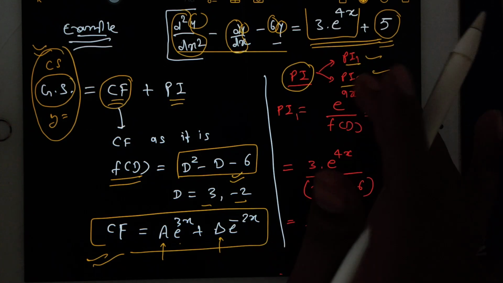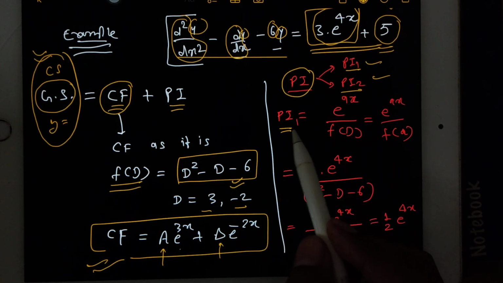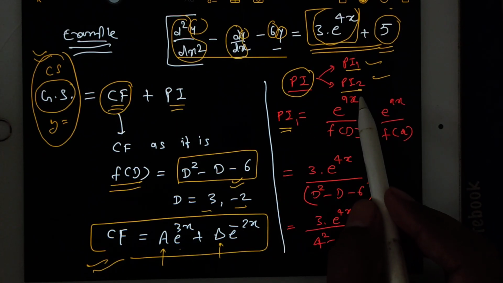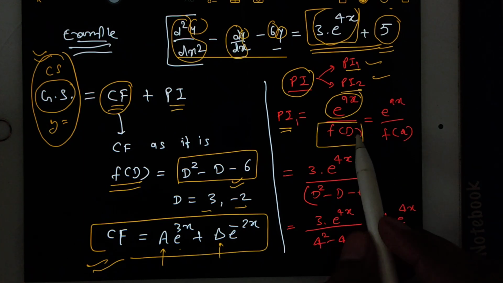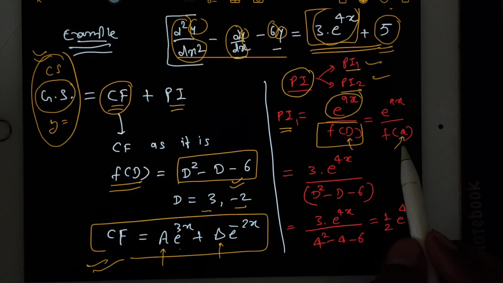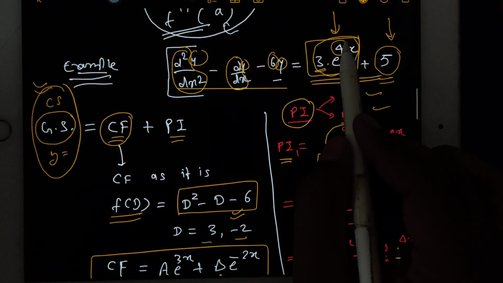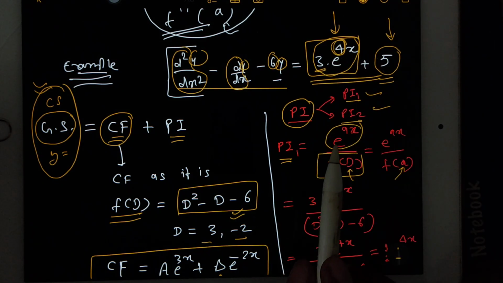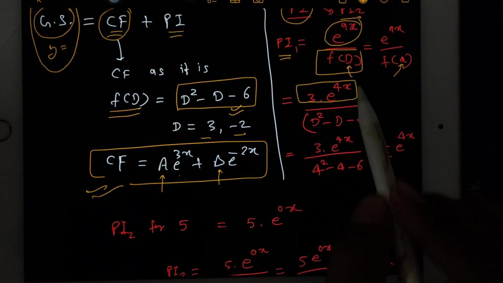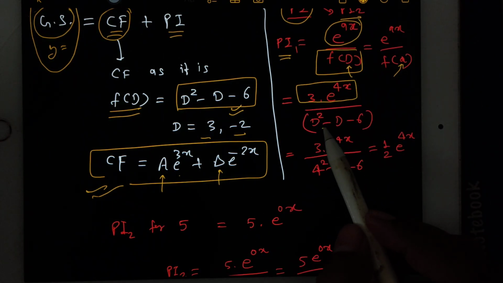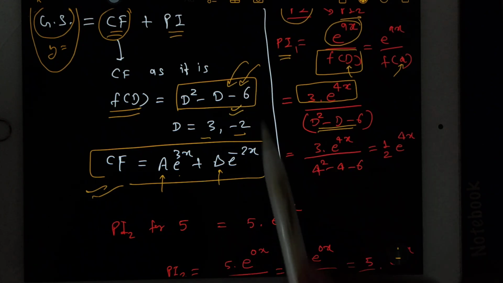So let's understand how we calculate PI for the exponential function. What formula did I tell you? E power ax divided by FD, and then replace this d with your a. What was your a value? Your a value was 4, not this coefficient. It is the coefficient of x. So this 3 times e power 4x you write as it is. Then the FD equation, d square minus d minus 6, which is here.